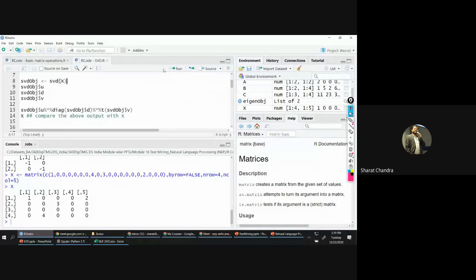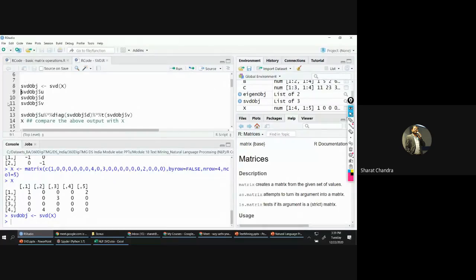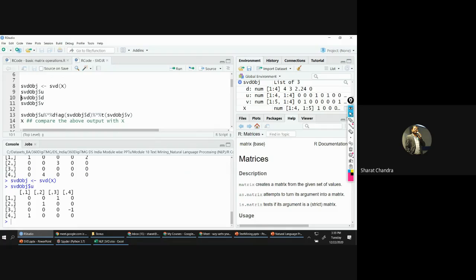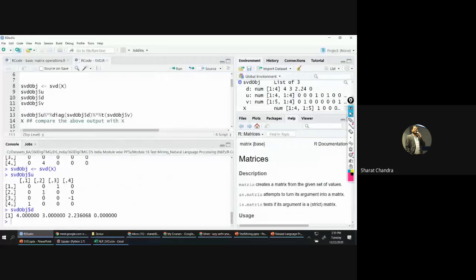If I apply SVD, the SVD object will contain 3 different components, a list of 3 different objects: D, U, and V. So U is this matrix. D is a diagonal matrix. That means only on the diagonal you have values. The rest of the values will be zeros.